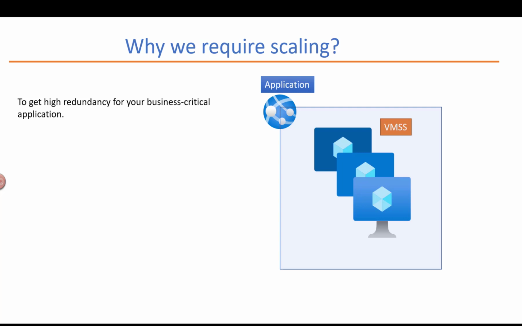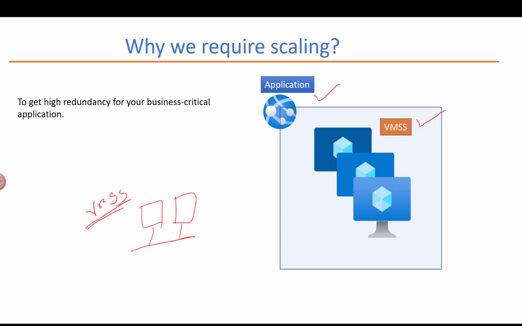Consider that this is your application running on Azure, and you have placed this application on the VMSS, where your application is distributed across the virtual instances that are part of the VMSS. If you configure it with a default instance count of 2 for the VMSS, it will by default start your workload on 2 instances.